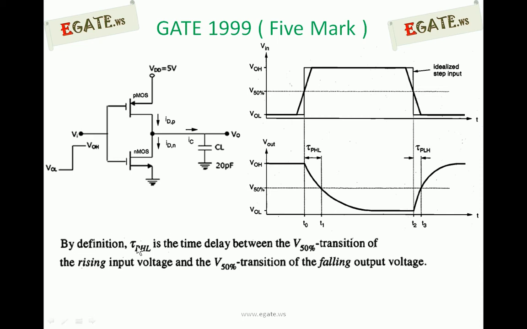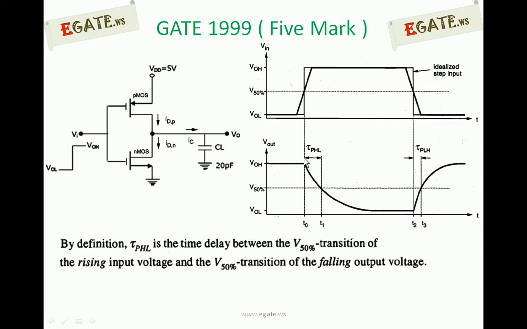By definition, TPHL, the propagation delay from high to low, is the time delay between the V50% transition of the rising input, this is the point, and the V50% transition of the falling output voltage, this is the point. The difference between these 2 points is indicated with dotted lines. This is treated as tau PHL.